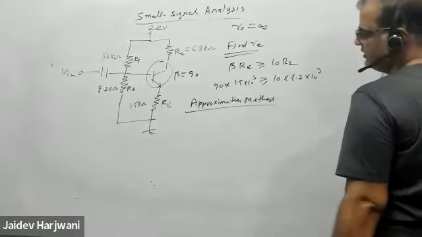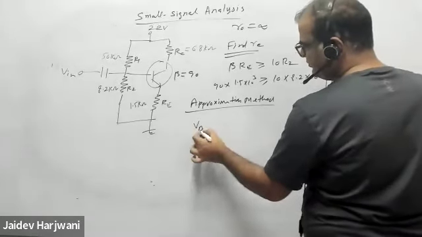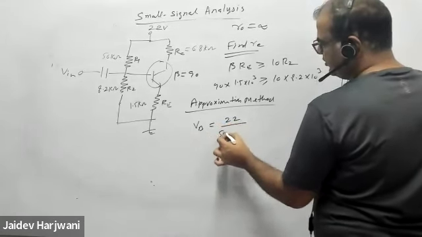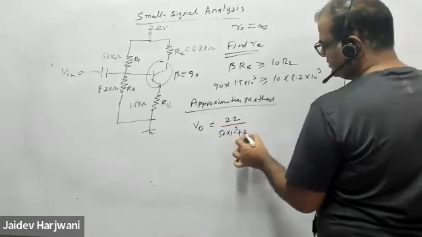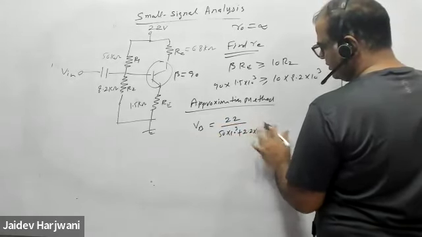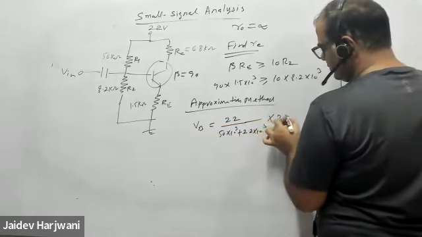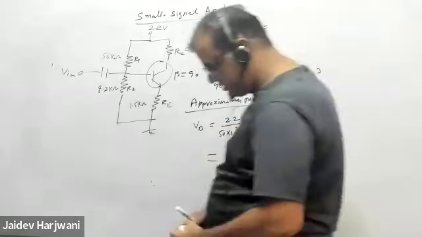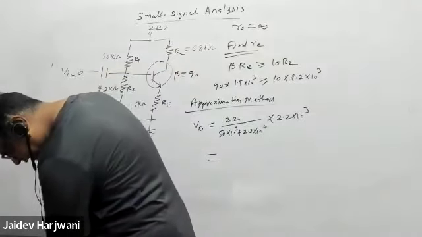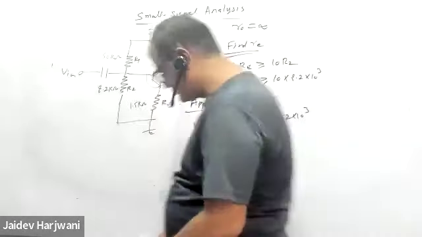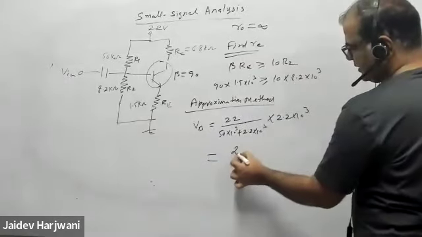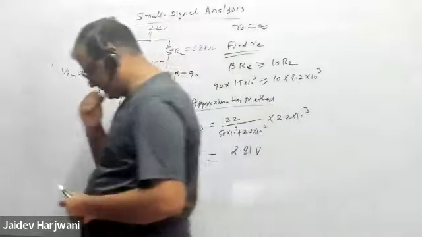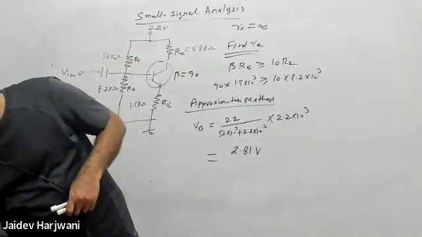Use the approximation method. You can find VB. VB is 22 divided by 56 kilo ohm plus 8.2 kilo ohm, into 8.2 kilo ohm. Tell me what is the value of VB. I'm getting 2.81. Check it.